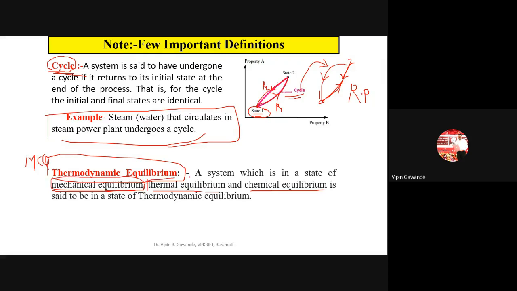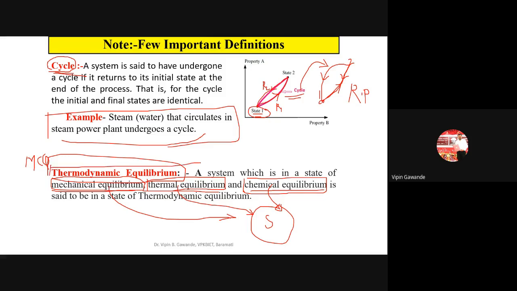Thermal equilibrium means there is no exchange of heat, and chemical equilibrium means no chemical reaction is occurring. So if in a given system we have mechanical equilibrium, thermal equilibrium, and no chemical reactions occurring, then we call that system in thermodynamic equilibrium.